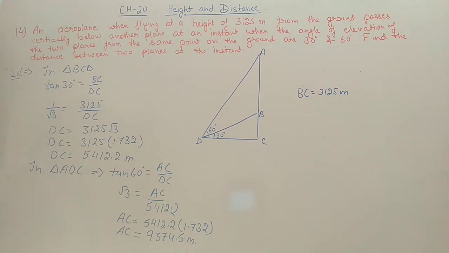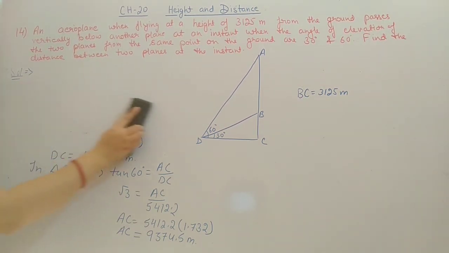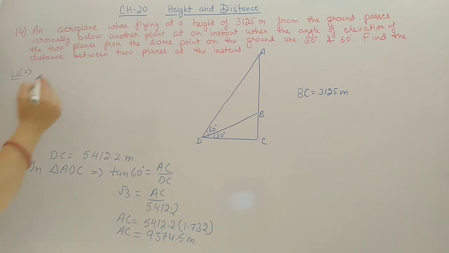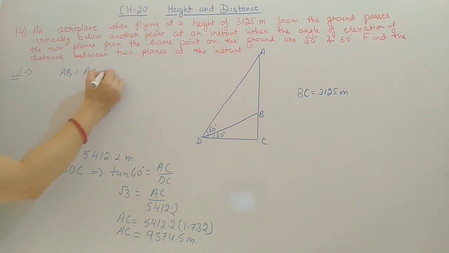So AC we got 9374.5 meter. We have to find the distance between these two planes. It means we have to subtract BC from AC. So AB is equal to AC minus BC.